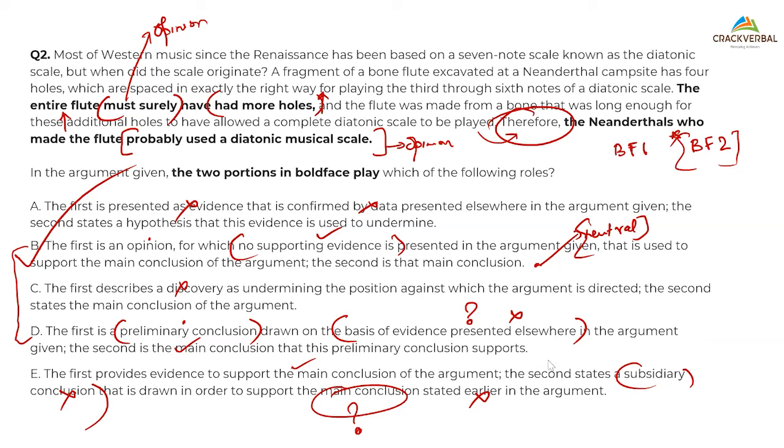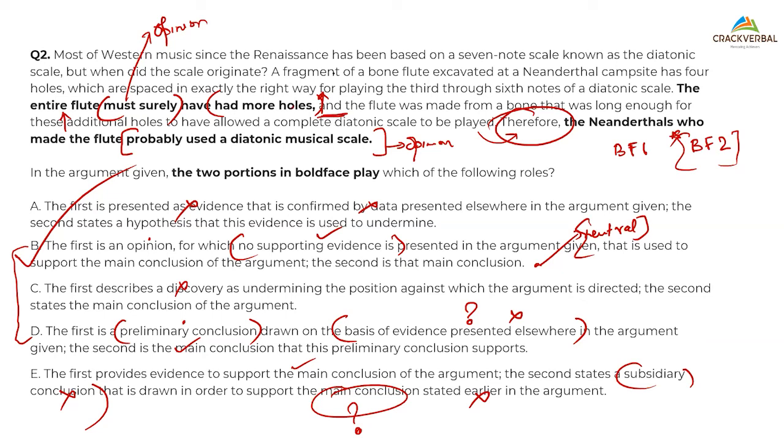What you are agreeing, Bharat, is I completely agree that it's a fragment of a bone, but again, I'm saying must, and the flute was made from a bone that was long enough. So this particular sentence itself is like what? It is starting with must surely have had this, and this structure, dekho. Matlab, in totality, I am calling it an opinion. Aisa hua hoga. So for this sentence, this comes with and.